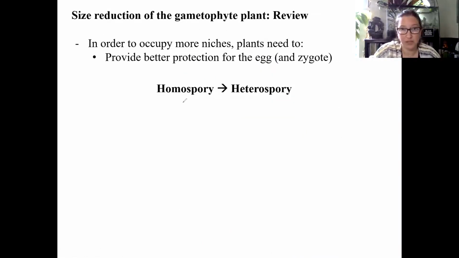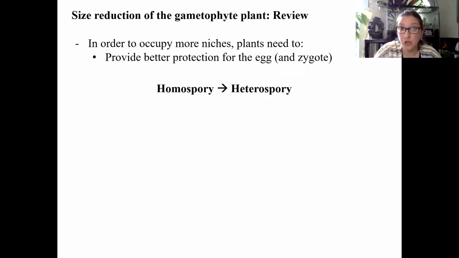First of all, even though this says size reduction in the gametophyte plant, don't forget that when you're talking about homospory versus heterospory, you're talking about the sporophyte plant, because the sporophyte plant makes spores, not the gametophyte plant.